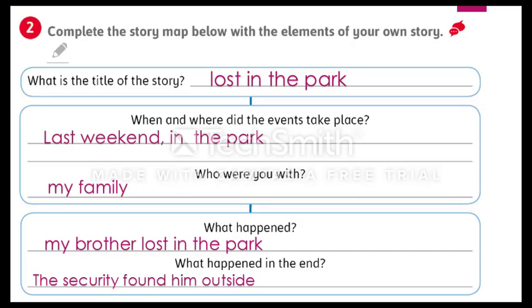With my family. What happened? My brother got lost in the park. What happened in the end? The security found him outside. So I want you to think of a story map of your own.